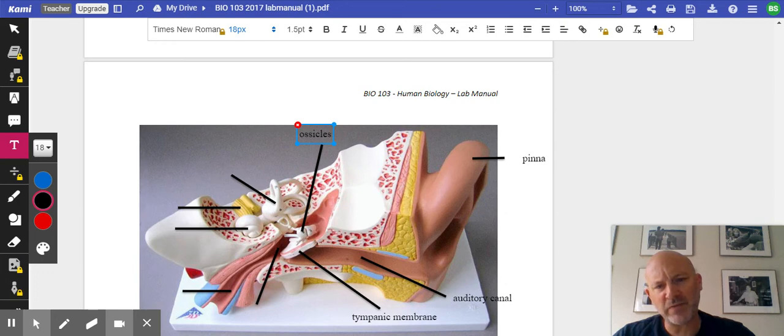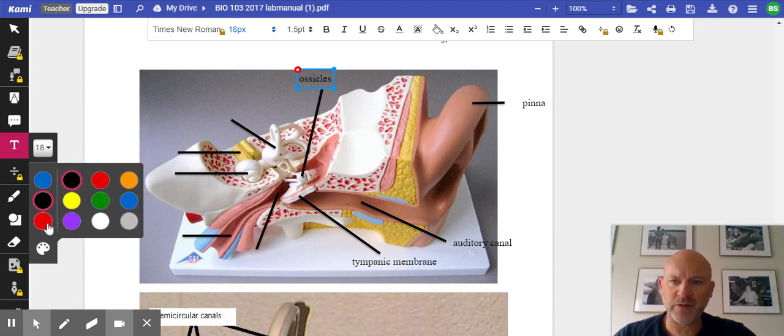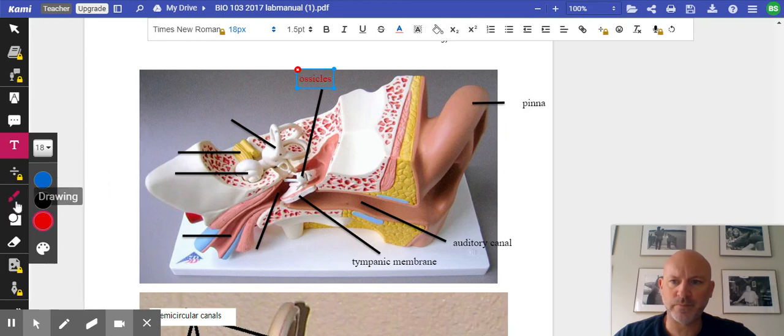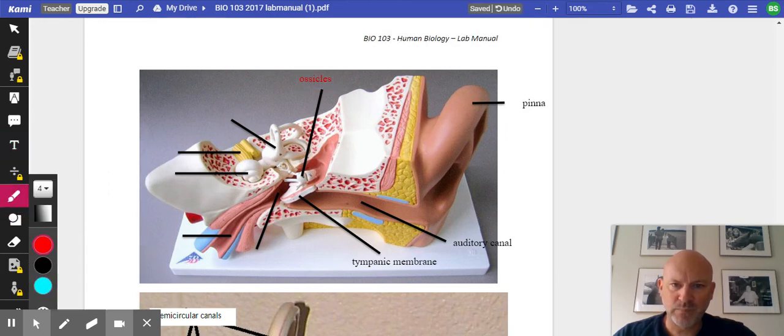So we have another transfer from vibration, physical waves, to fluid waves. All right. So this area right here is not really for hearing. All this is for balance and equilibrium.